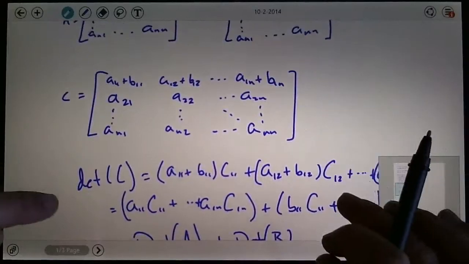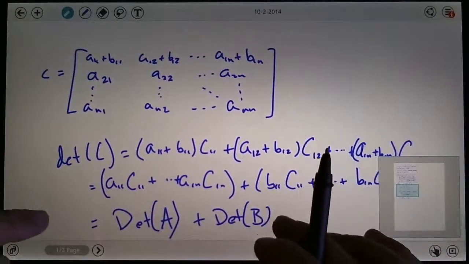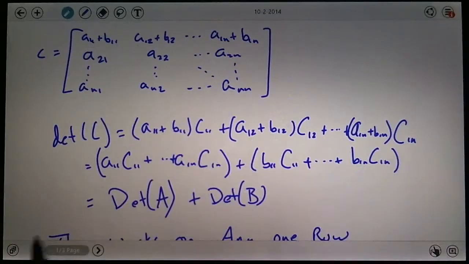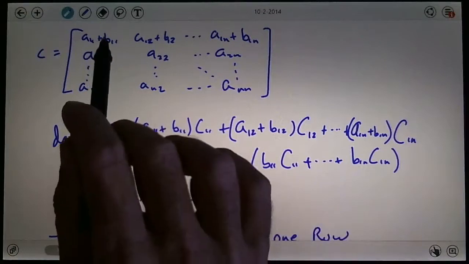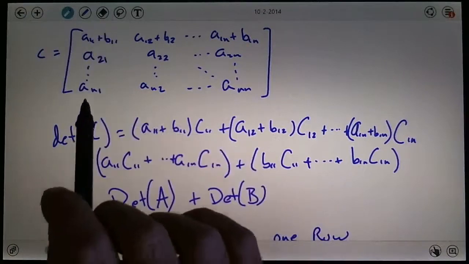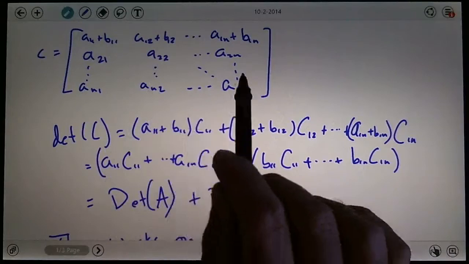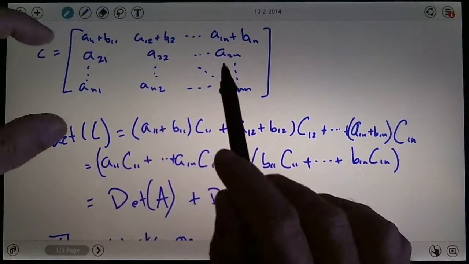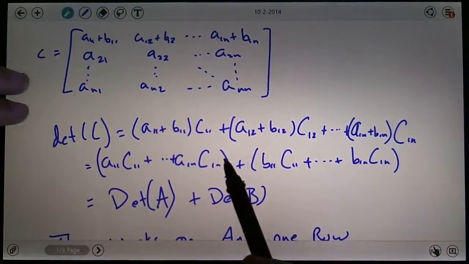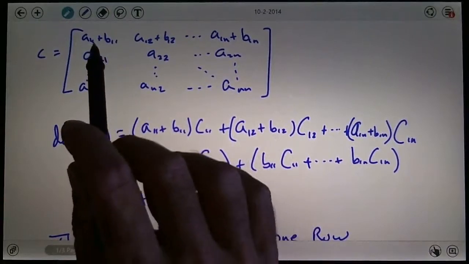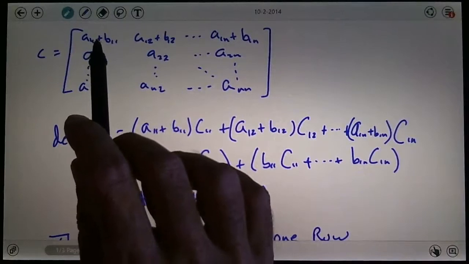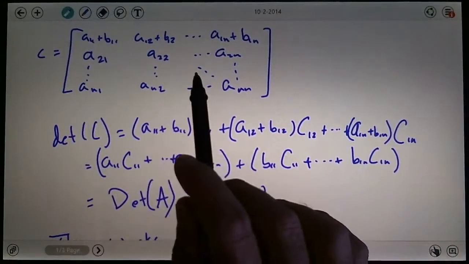So then I say, well, just look at the determinant of C here. I'm going to do expansion over the first row, or the rth row if I wasn't in the first row. So I have this position times the cofactor, plus this position times the cofactor. Notice that the cofactor for each entry in the first row doesn't use the first row.